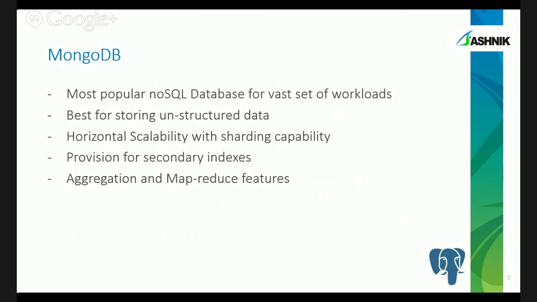And then we used MongoDB. We would be using MongoDB in this demo as a sharded data store, which is quite fitting for storing unstructured data, and which has horizontal scalability. The best thing which I like about MongoDB over a lot of other NoSQL databases is that it allows you to create secondary indexes.